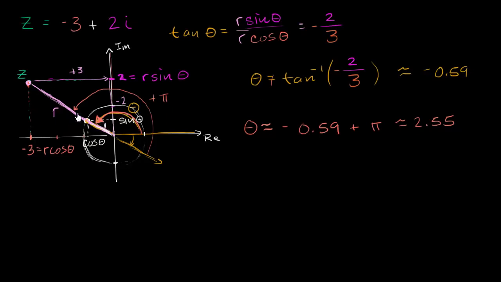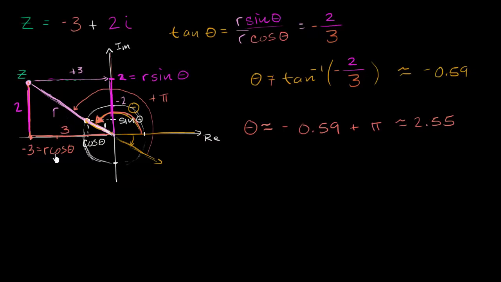Now we just have to figure out the length, what r is. And that we can just use the Pythagorean theorem for. We could set up a right triangle. We know that this distance right over here is 2, because this distance right over here is 2. And we know that this distance, the coordinate here is negative 3, but the distance here is just 3.